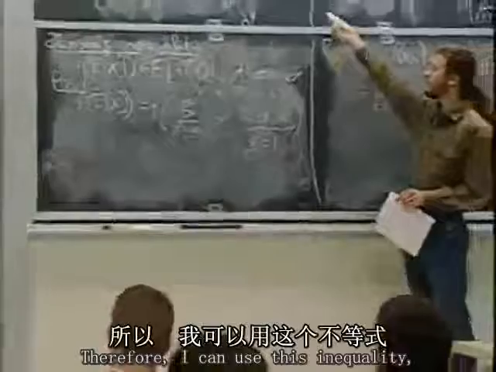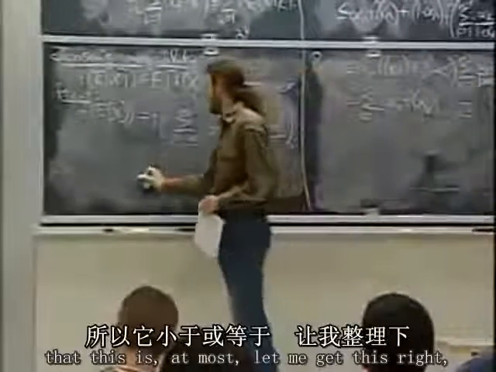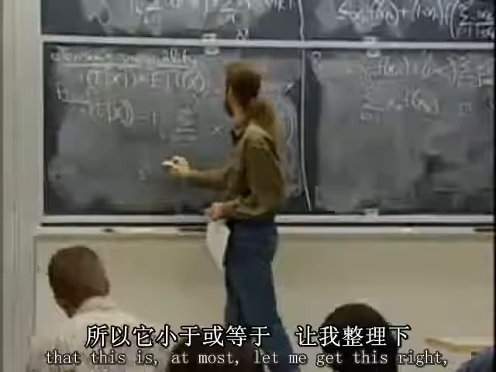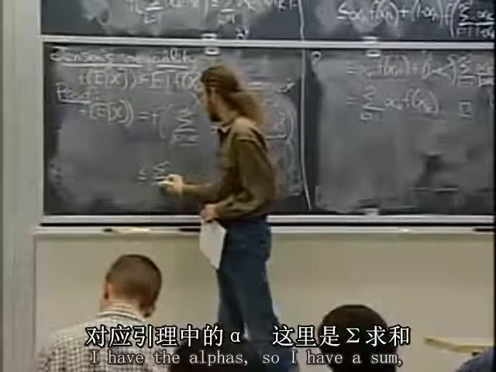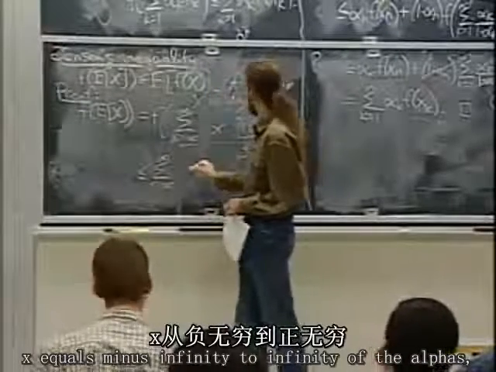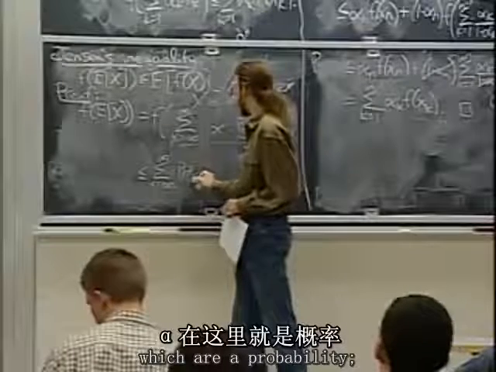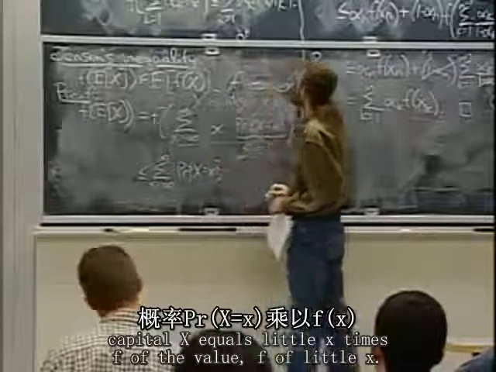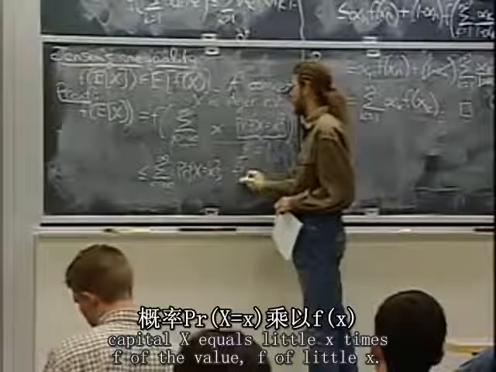Therefore, I can use this inequality, that this is at most, get this right, the sum, x equals minus infinity to infinity, of the alphas, which are the probability capital X equals little x, times f of the value, f of little x.